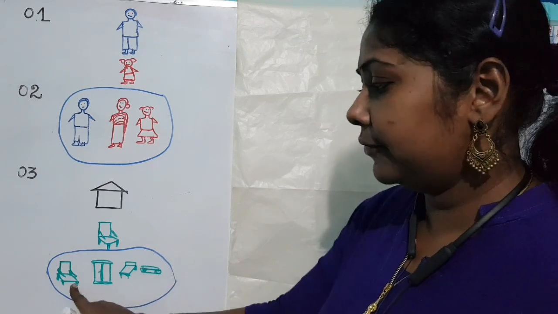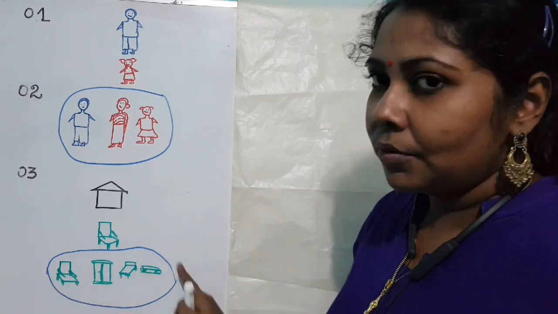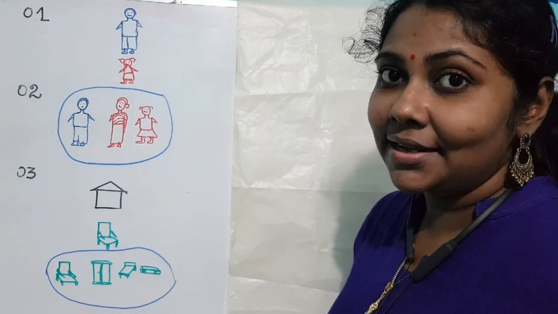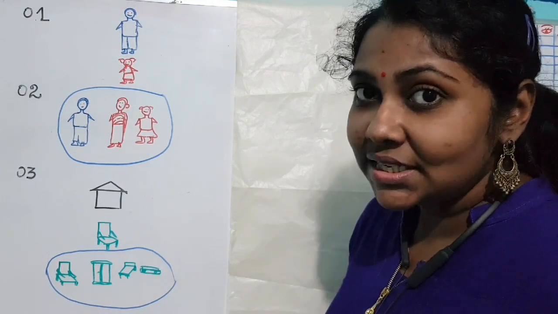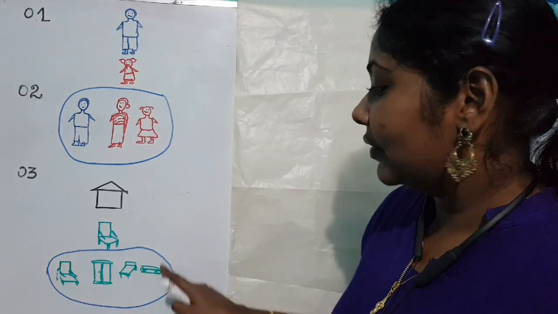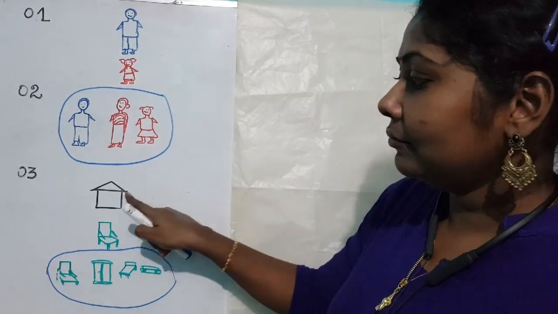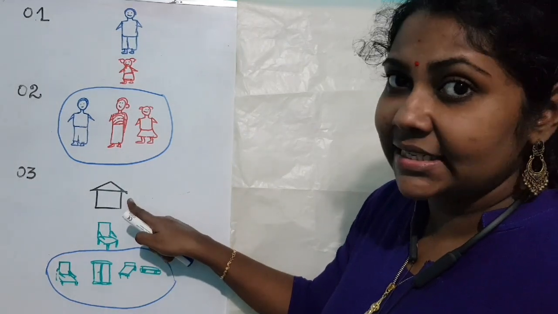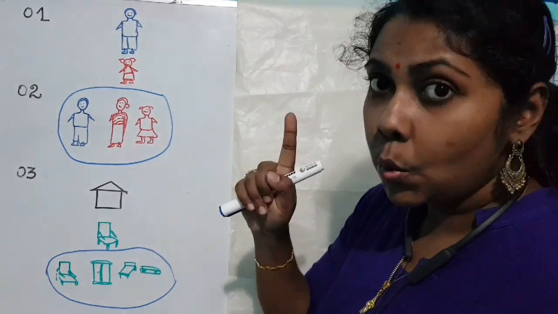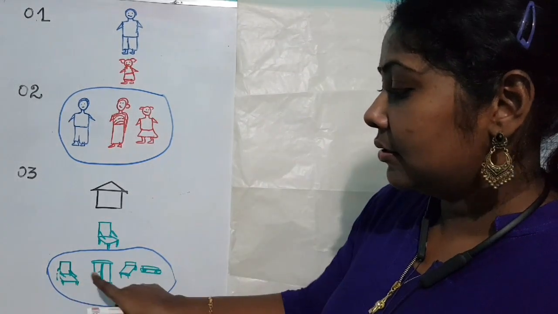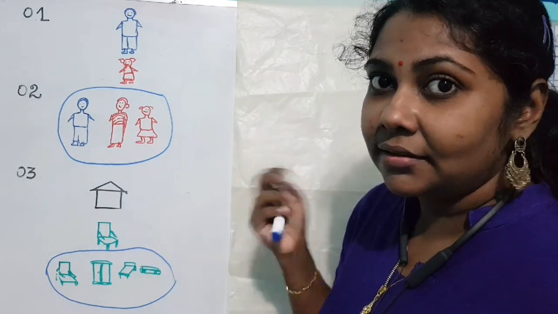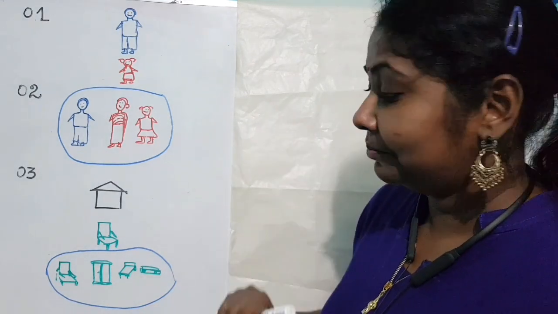One, two, three, four. What are they? What's it? What are they?